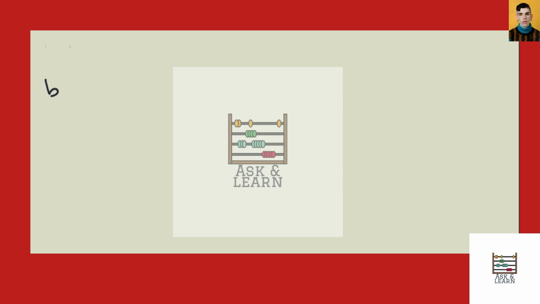Okay, so then we need to move on to the second part here. And so this is to say that we then have that f is big O of g.